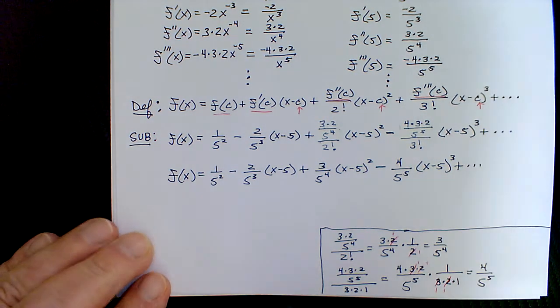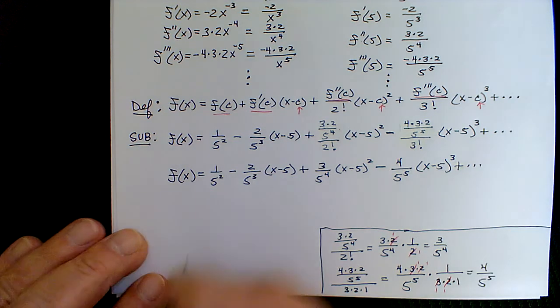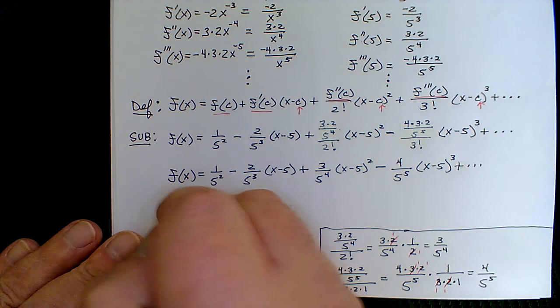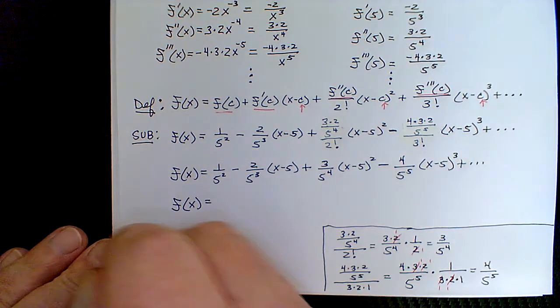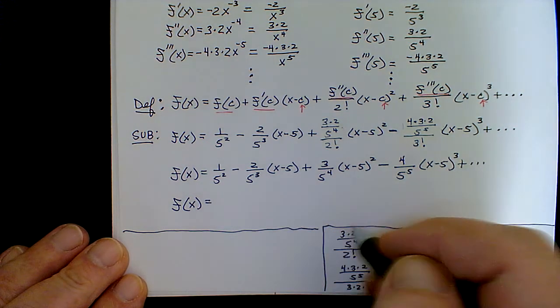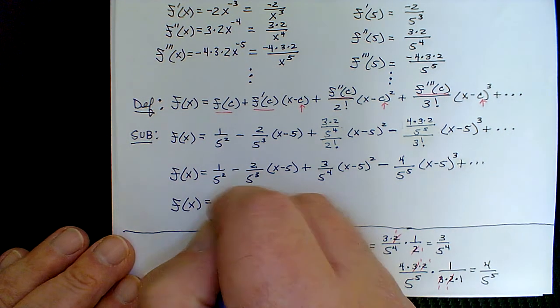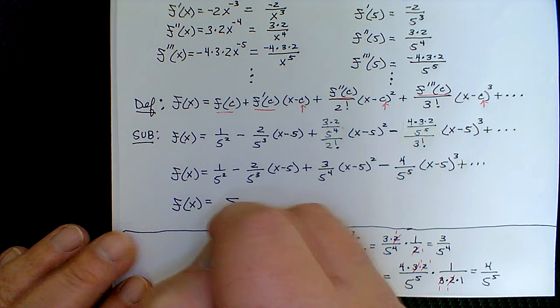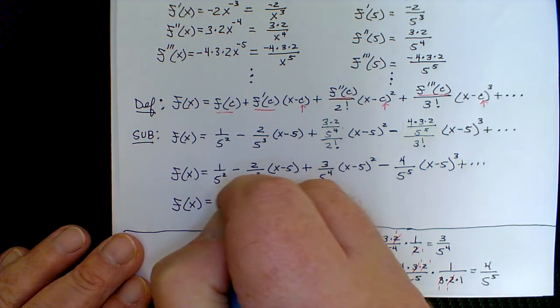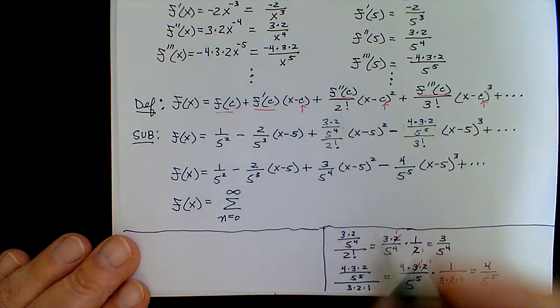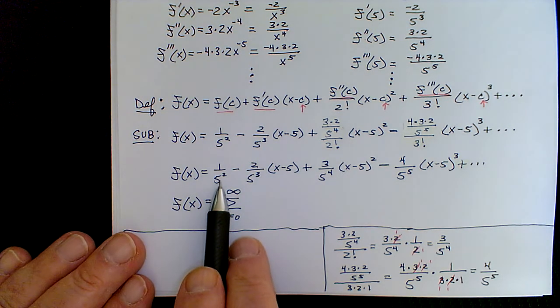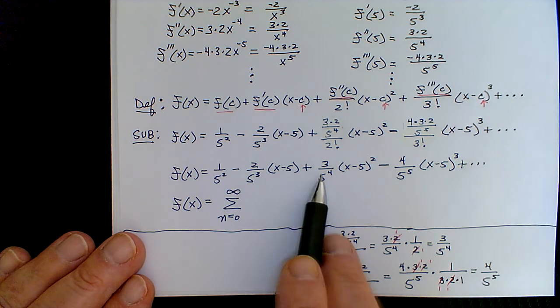Okay, so now we're ready for summation notation. So what kind of patterns do we see? So in terms of the summation notation, it's going to be the big sum as n goes from 0 to infinity. Remember, 0 is always the starting point. Notice we do have an alternation of sign, plus, minus, plus, minus.